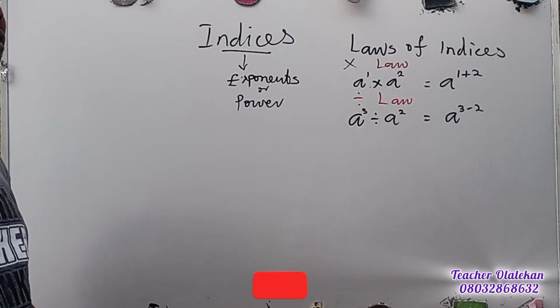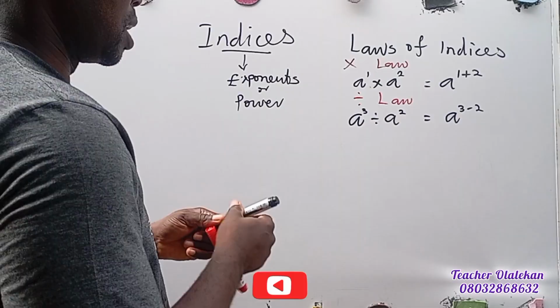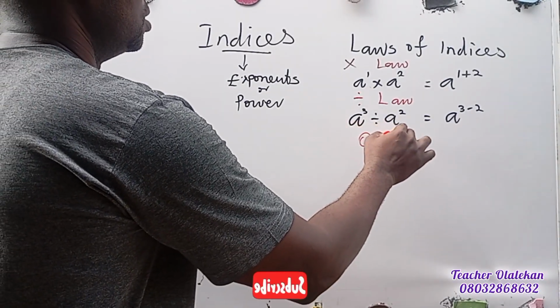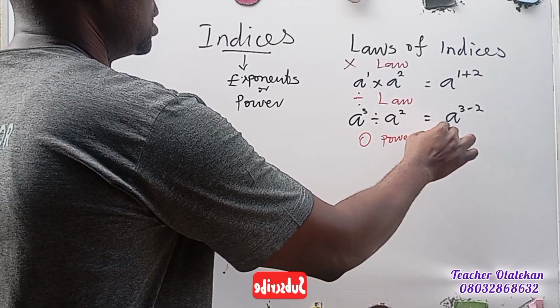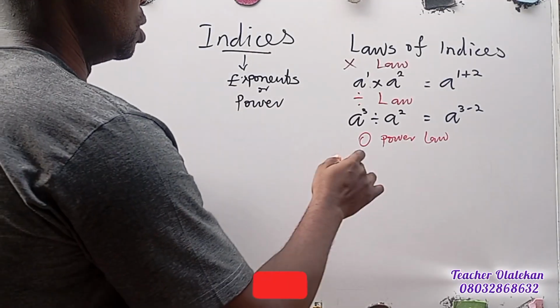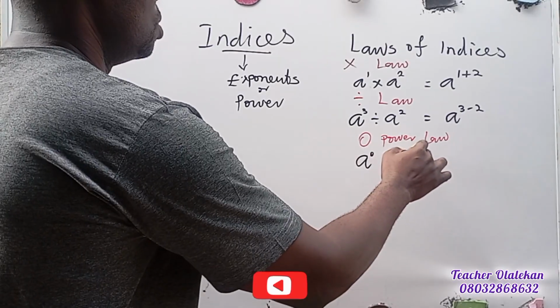For that, we also have the zero power law. Let's look at the zero power law. The zero power law says that anything raised to power 0 is equal to 1. So this simply means that a raised to power 0 is equal to 1.